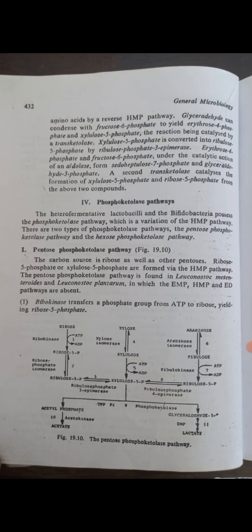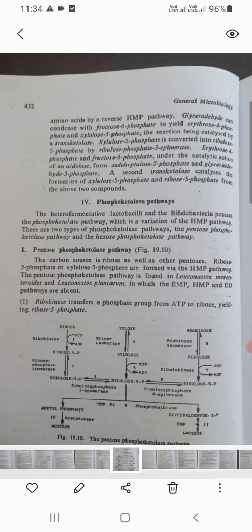The ribose, xylose, and arabinose sugars are used in this pathway. That is, pentose sugars are all used in this pathway. All three sugars can be utilized by this organism in different ways to produce a similar product.